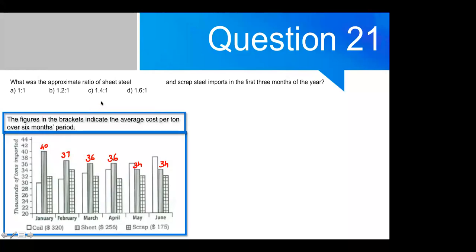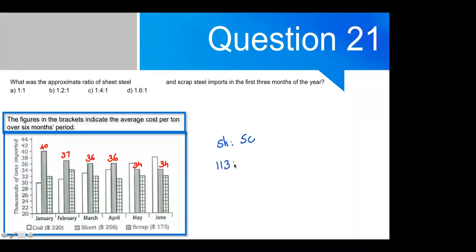Approximate ratio of sheet steel and scrap steel imports in the first 3 months of the year. Sheet and scrap. Sheet to scrap. Sheet we have data: 70, 100, 116, 100, 130.